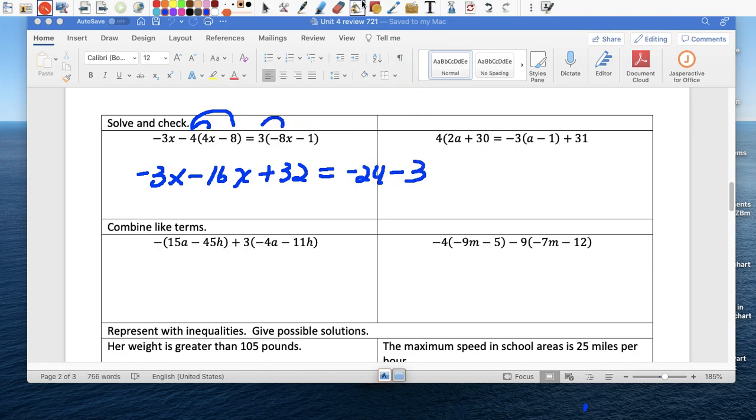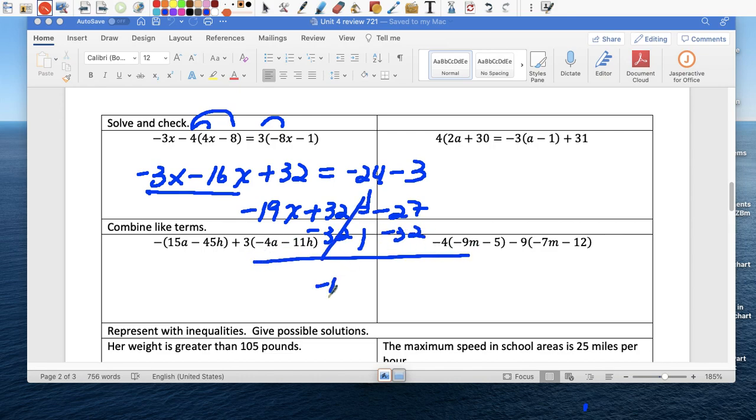So always do the distributive property. Combine like terms if possible. Yes, it is. We combine these two guys. We get negative 19x plus 32. We can combine these two. We get negative 27. Now it's just a two-step equation, right? We're going to do minus 32 on this side, minus 32 on this side. That goes away. We get negative 19x equals 9.